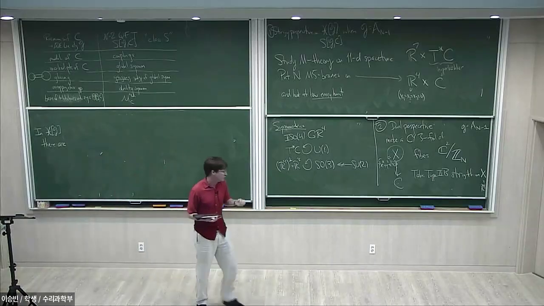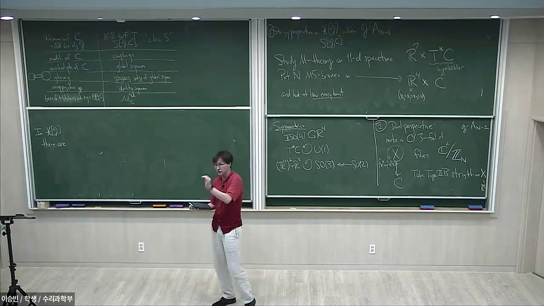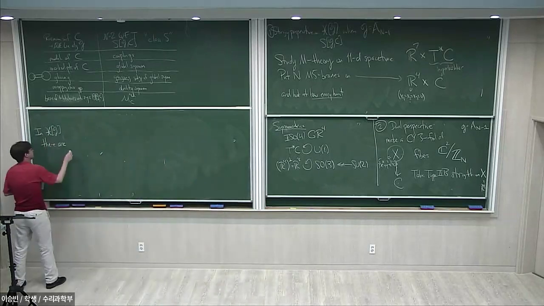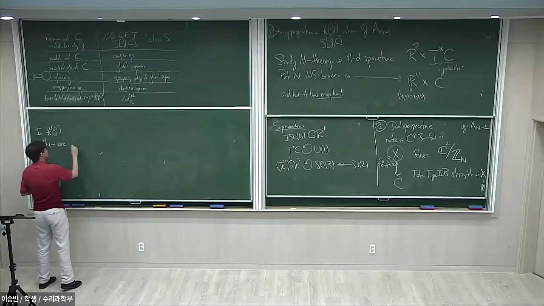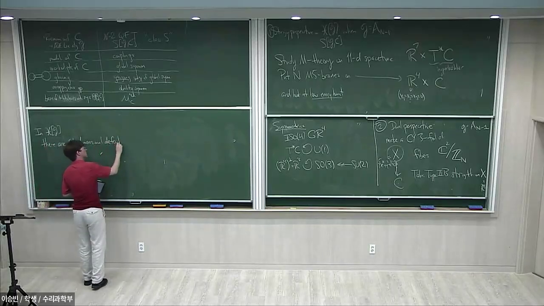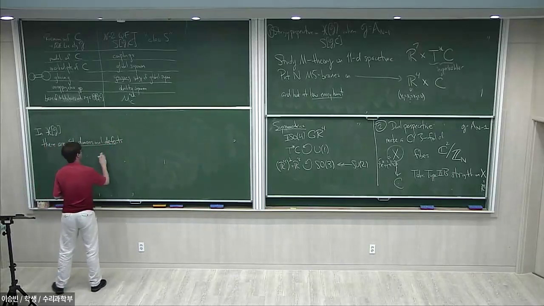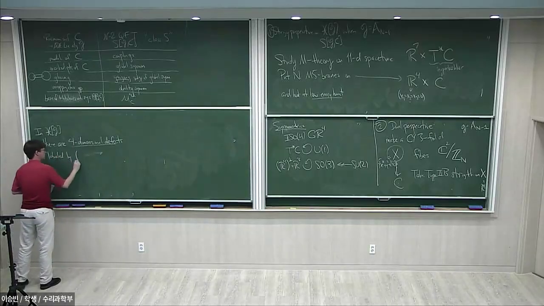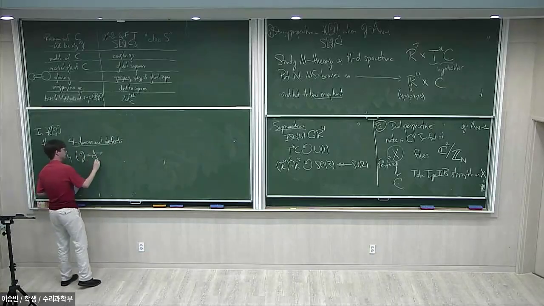So for example, when we compute correlation functions, there are local operators. Those are like things that you put at points of the field theory. In this theory, in addition to local operators, there are 4-dimensional defects labeled by the data. Again, let's just say it for G equals.